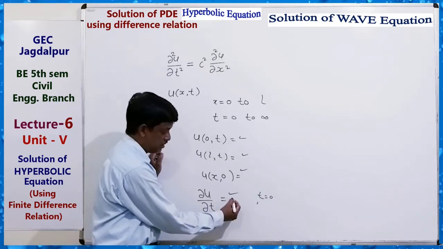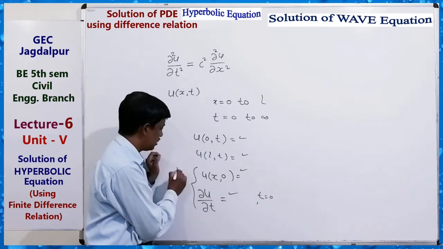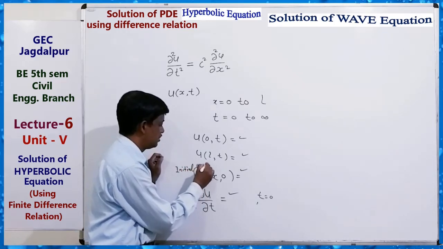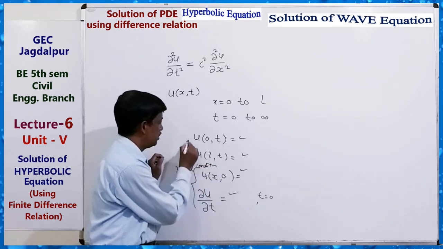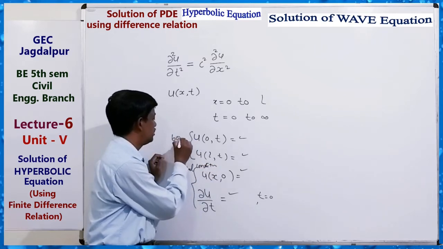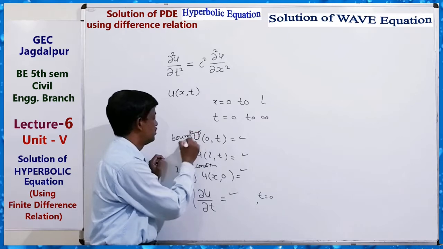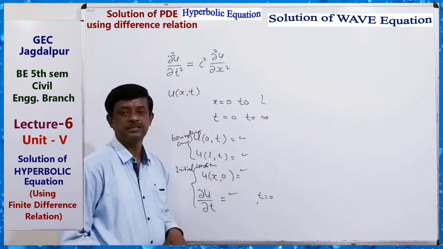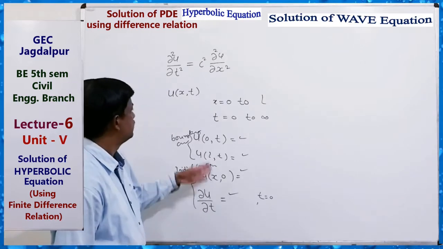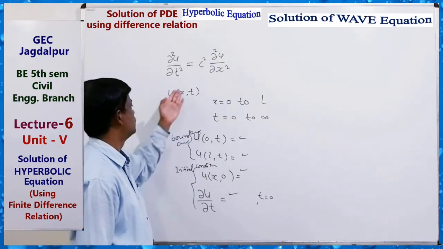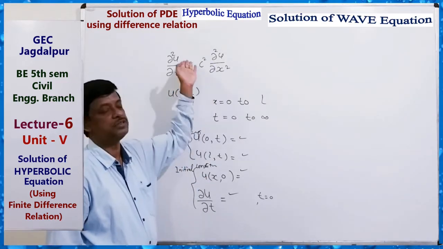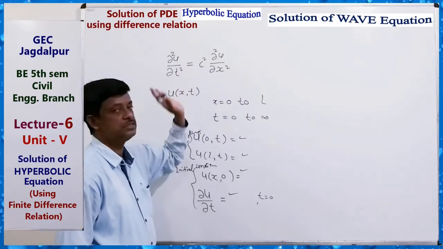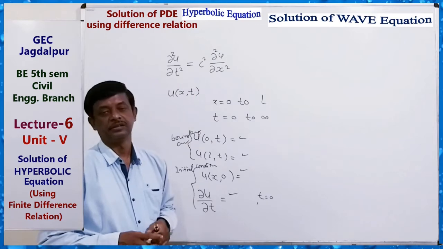So these two are initial conditions and these two are boundary conditions. Under these conditions, u(x,t) is the solution of this equation.